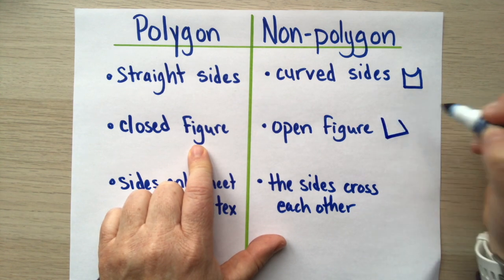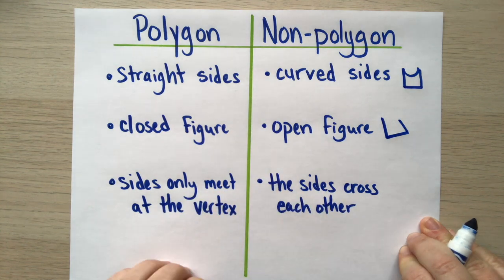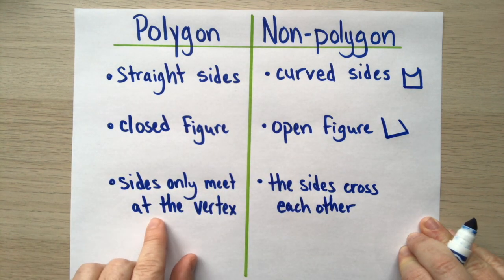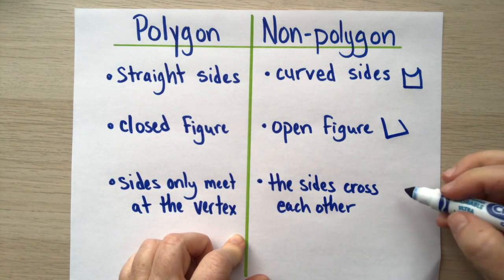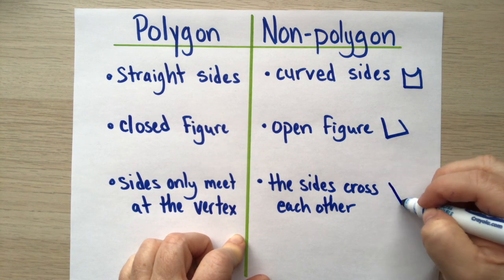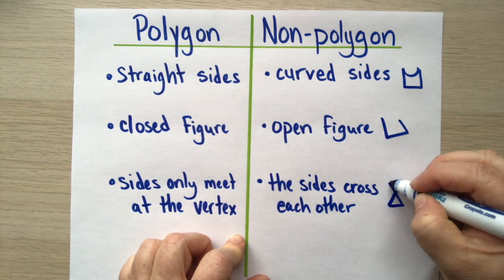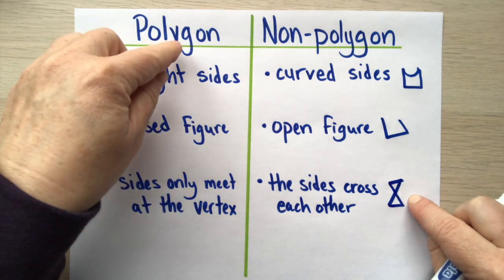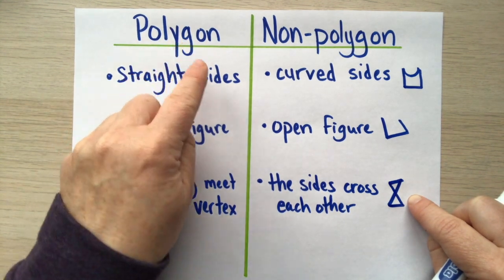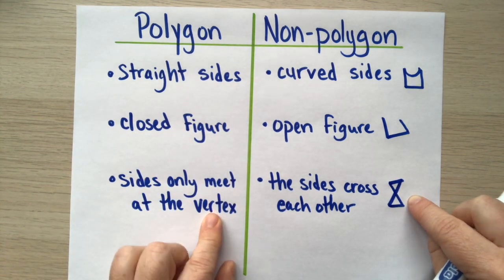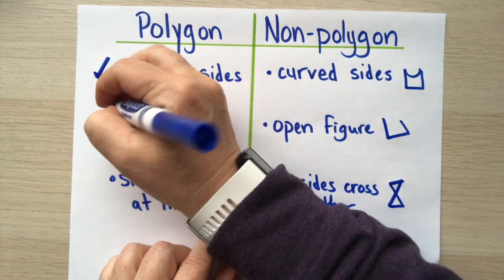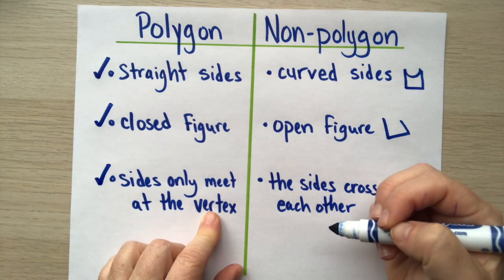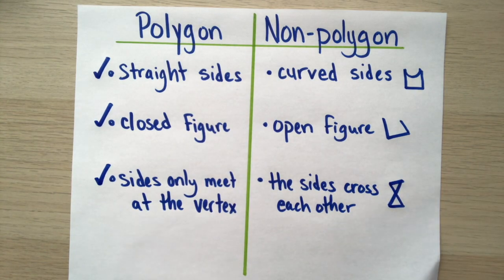Something like that, not a polygon. And the sides only meet at the vertex. That means they can't cross at any point. Something like this, not a polygon. Now, for it to classify as a polygon, all three of these have to meet the standards in order for us to say, yes, it's a polygon.